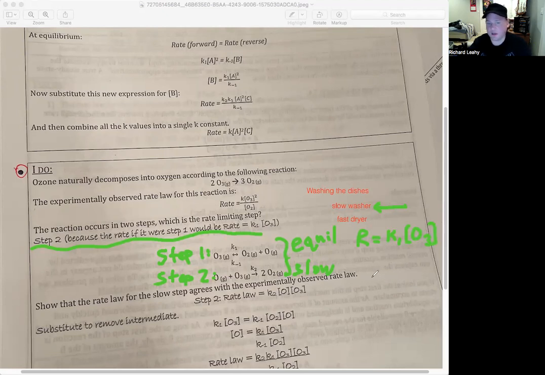The first step going in reverse would also have a rate, so I'm calling it K negative 1. What I'm expressing here is what would happen if you took step one and went the opposite way, to the left. In that case, reactants and products are reversed, so the reactants would actually be oxygen gas, O2.